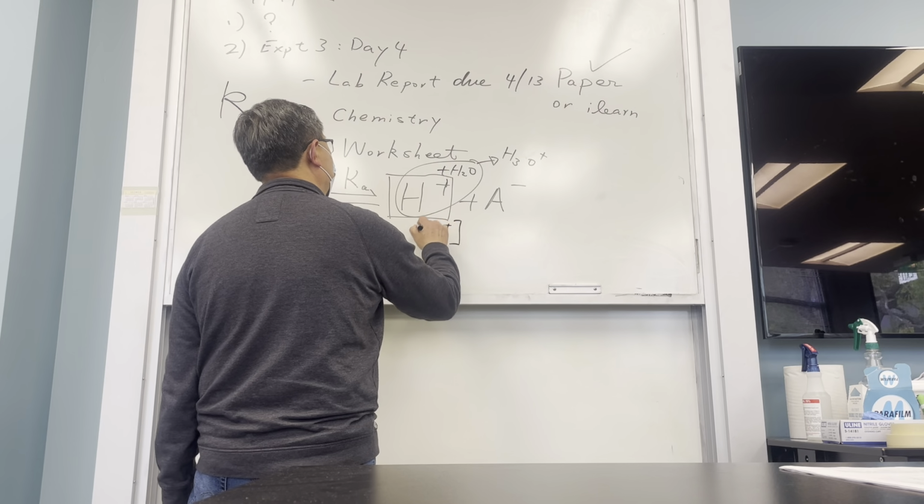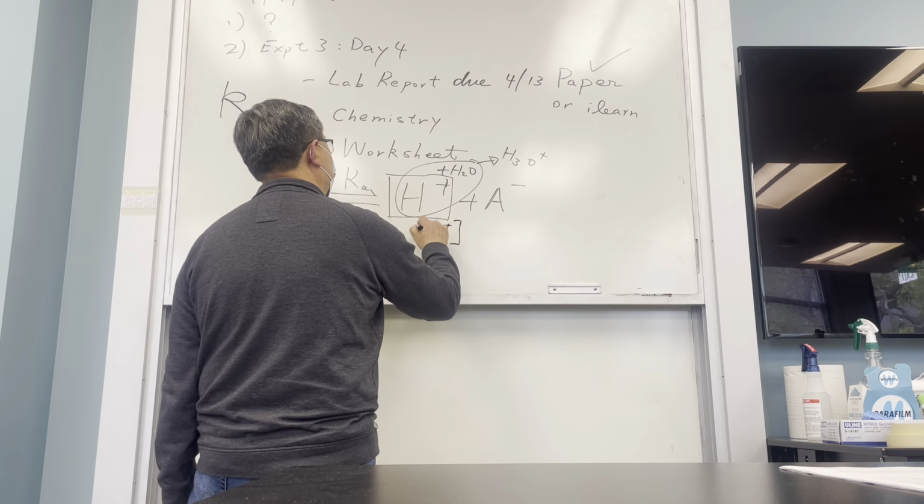Keep in mind all these concentrations should be at equilibrium. It's not any concentration, it's the concentration at equilibrium. So let's go through it one more time. Equilibrium constant K.